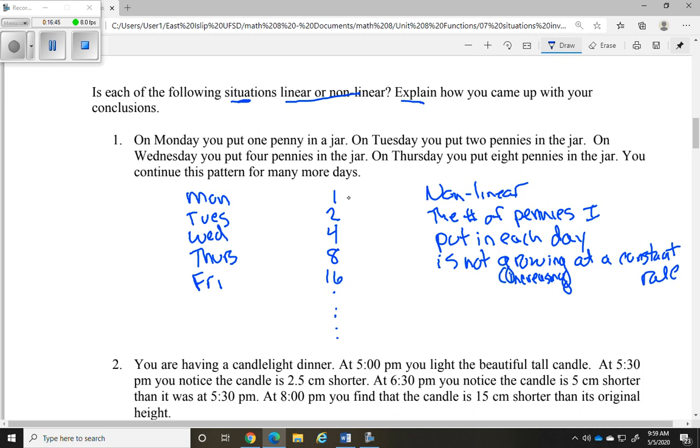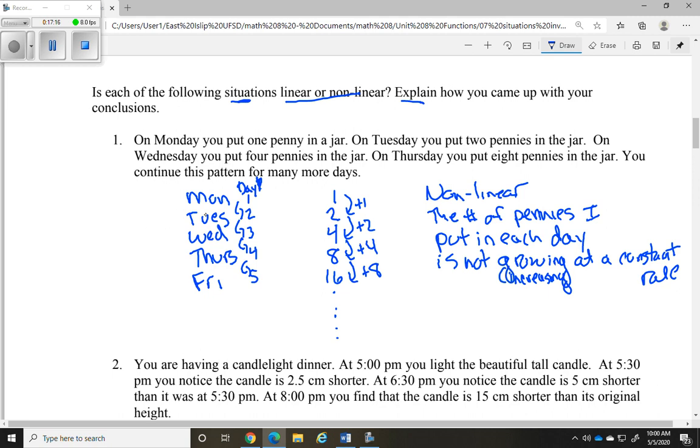If I were to look at how it's growing, it went up by 1 penny, then it went up by 2 pennies, then by 4 pennies, then by 8 pennies. Monday could be considered day 1, Tuesday's day 2, day 3, day 4, day 5. So the days are increasing just by 1 each time, but the pennies are increasing differently.